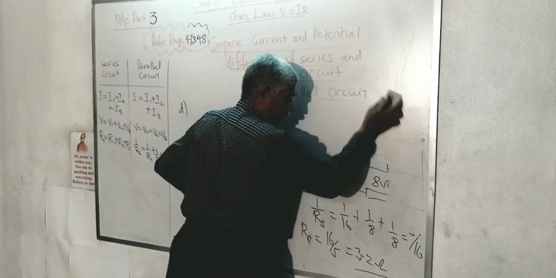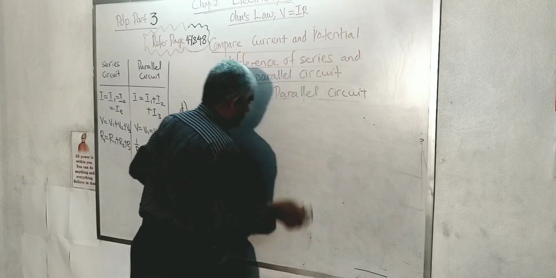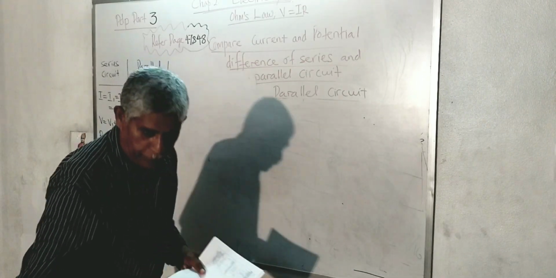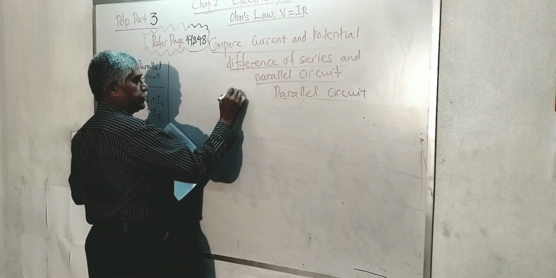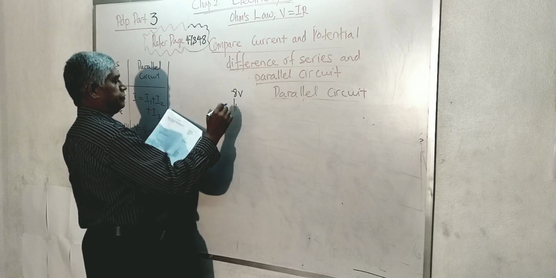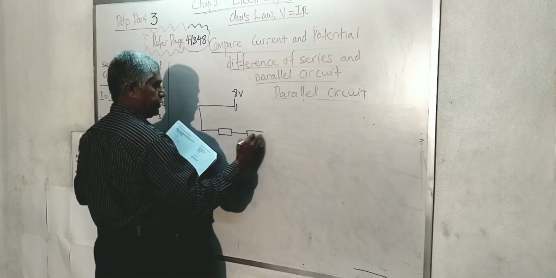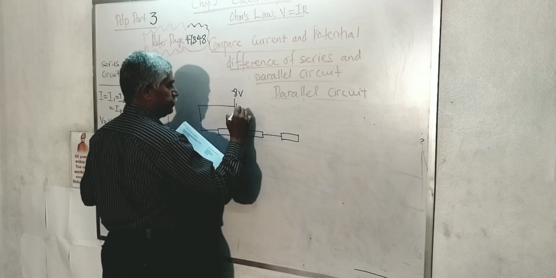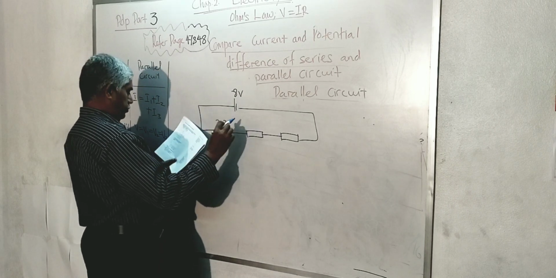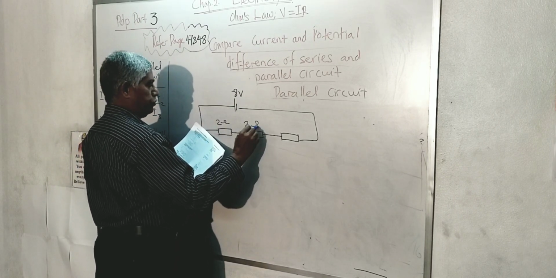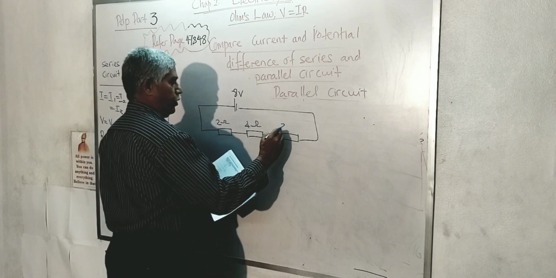So you can refer to question 2. Question 2: a series circuit with a supplied voltage of 8 volts and 3 series resistors, that is 2 ohm, 4 ohm, and the last is 8 ohm.